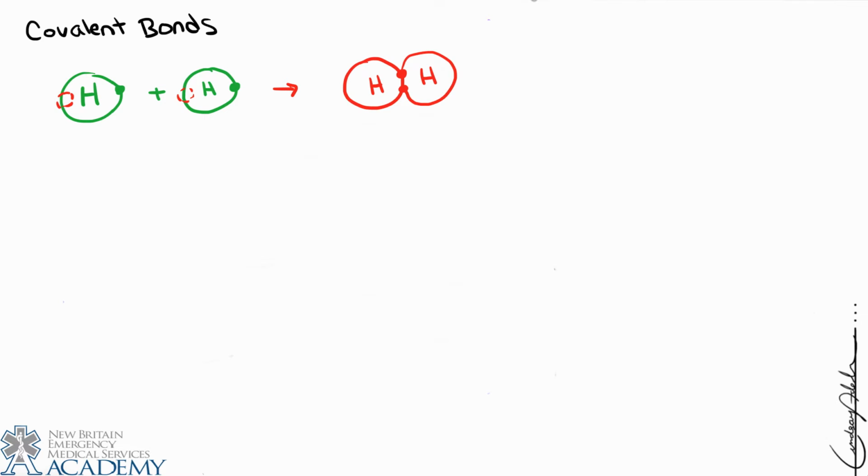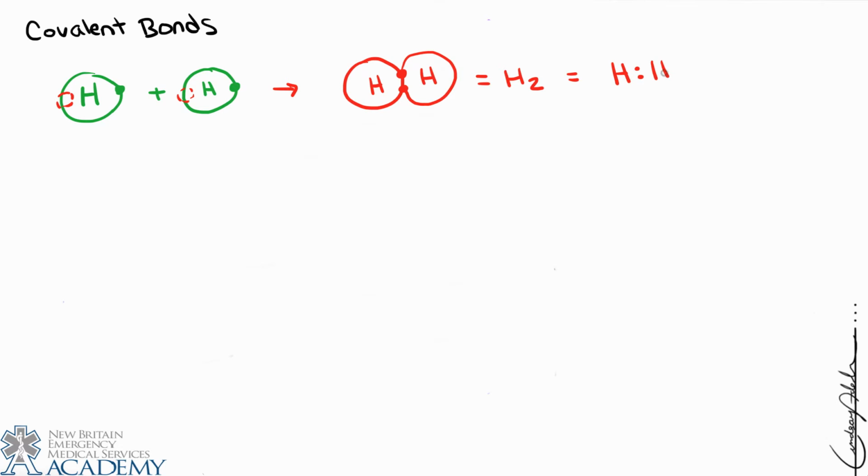We can draw this a couple of different ways, and I'm just going to demonstrate these because drawing the molecules like this, showing all the electrons, is very bulky. So we're going to draw it differently as we move into some of the more complex molecules that we need to draw. This is equivalent to H2, which I referenced in an earlier video.